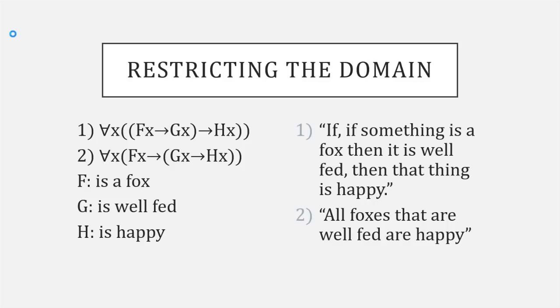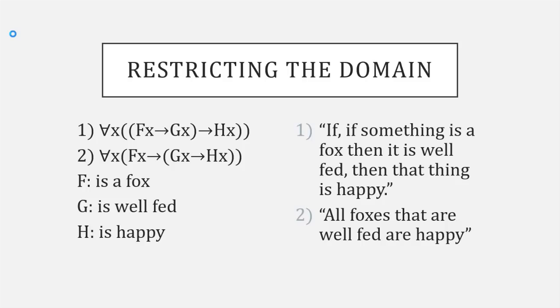So anything that's not a fox, my shoes, the planet Venus, the concept of the number 4, all of those things, if we plug those in for x, it makes the antecedent true. And if the antecedent is true, the consequent is false, then the second conditional there comes out as false. So we plug in the planet Venus, and that makes the antecedent true, but is the planet Venus happy?